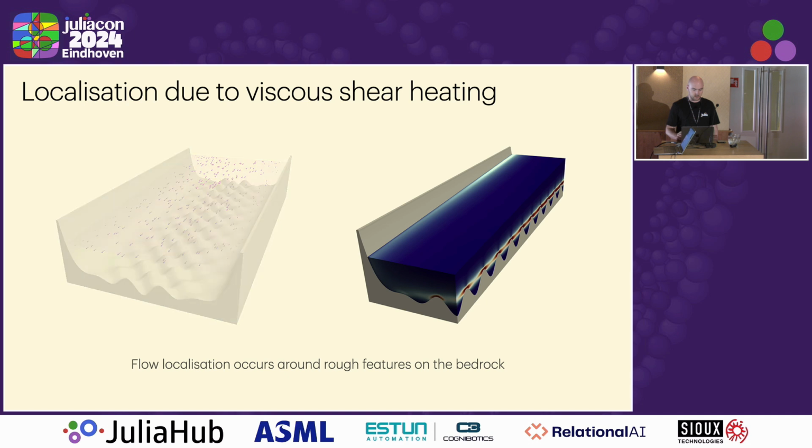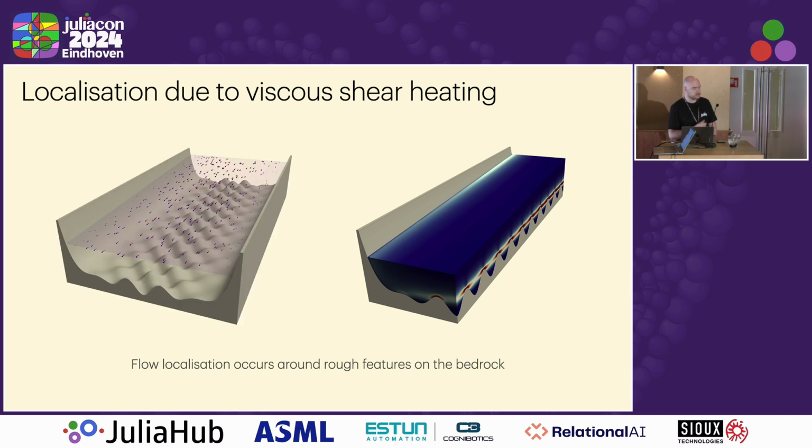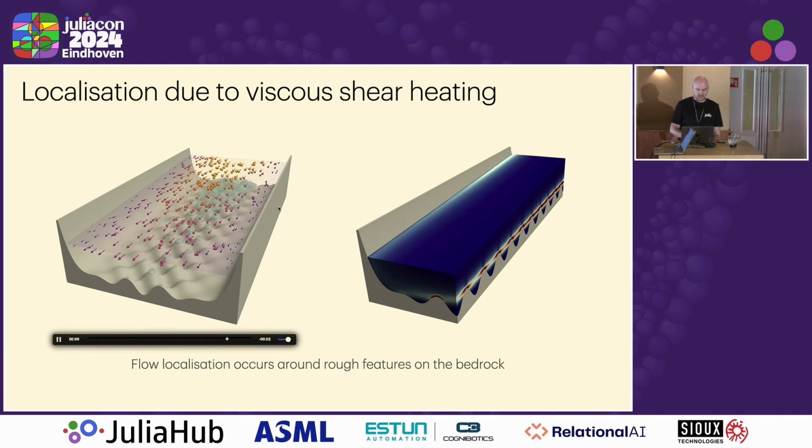So here there's an example of localization. It should play now, and it will slowly accelerate over time. Here you can see some artificial geometry. What happens over time is that the flow, these arrows, show the velocity field, and these contours show the energy localization.